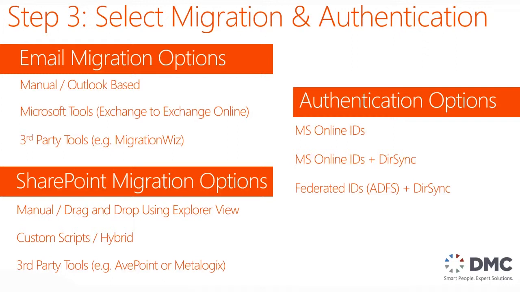You could write scripts that will take certain documents or preserve a certain type of hierarchy you may have in place already and replicate that within SharePoint in the cloud. Thirdly, there are a number of third-party tools that you can purchase to do that. Typically, I don't recommend that; you don't need a third-party tool unless you're talking about a ton of data. Usually, I'd say if you have 50 gigabytes or more, it's worth considering purchasing a third-party tool.